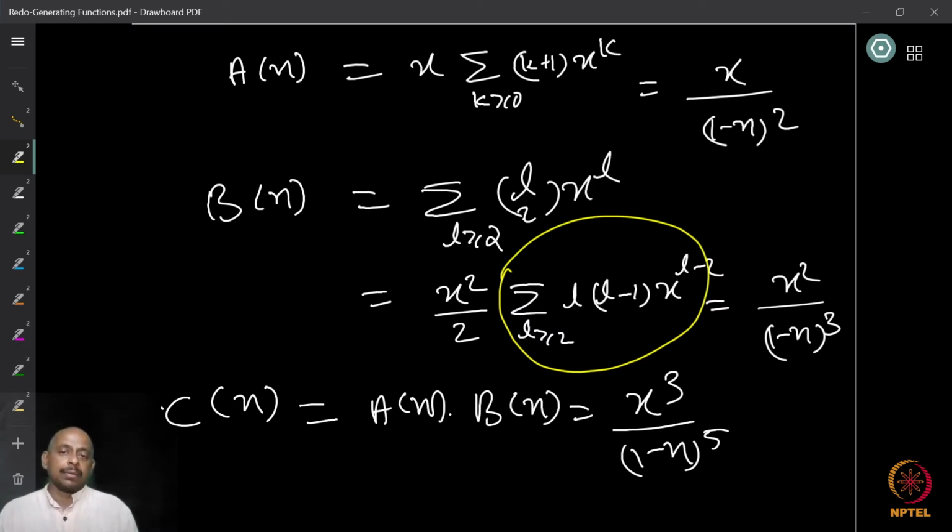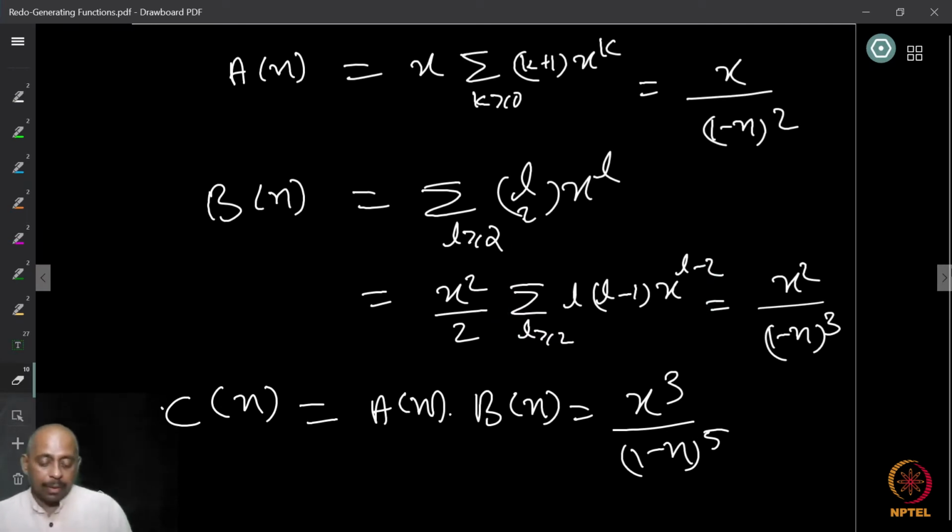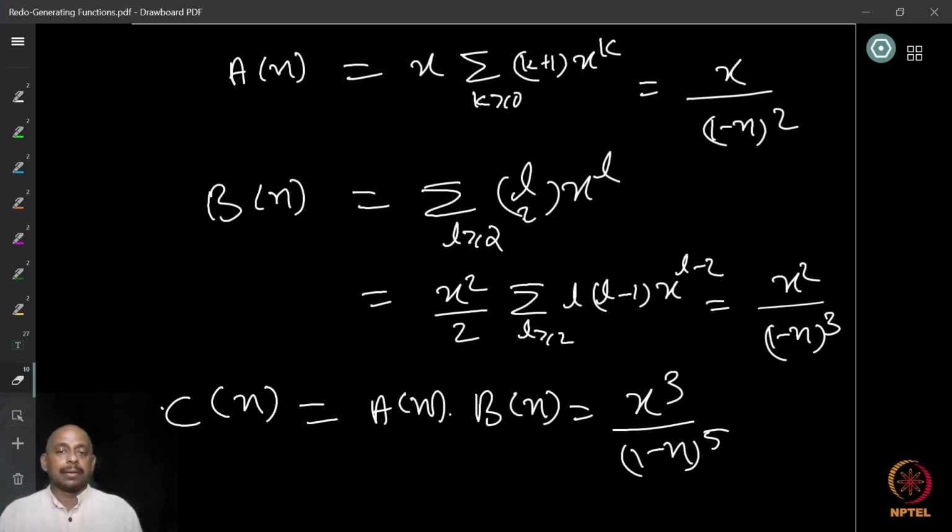So what do I have? I have summation L greater than or equal to 2, L choose 2 into x raised to L, which I wrote as summation L greater than or equal to 2, L into L minus 1 into x raised to L minus 2 with x square by 2 outside.